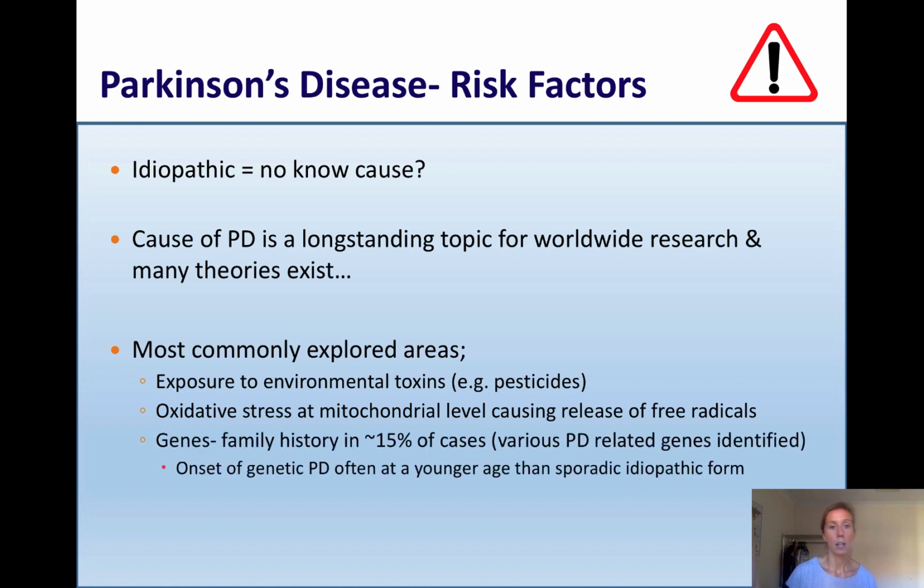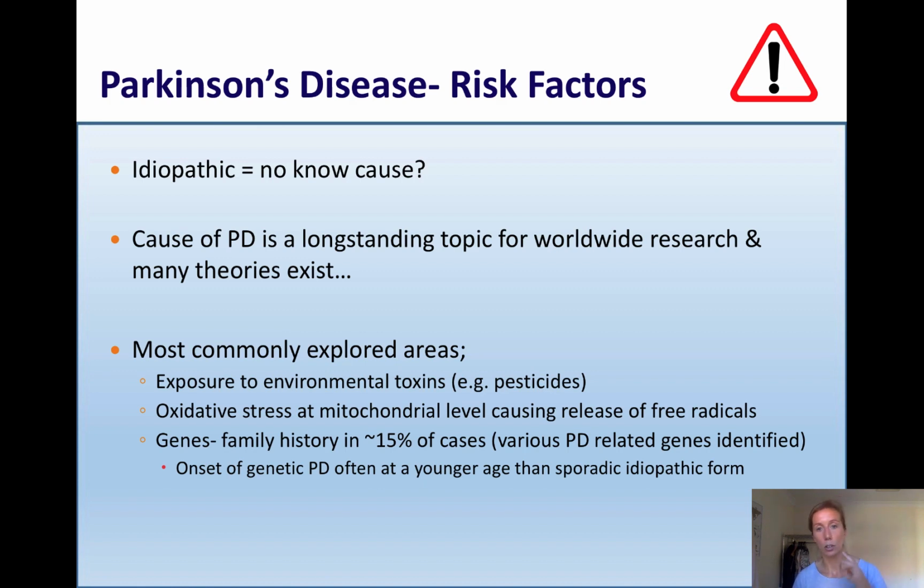and potentially be a risk factor as well. There's a genetic component as usual, so family history is believed to be potentially the cause for about 15% of cases, and various Parkinson's disease genes have been identified over the years. Now, onset at a younger age is more likely to be genetic than the sporadic idiopathic form, okay?